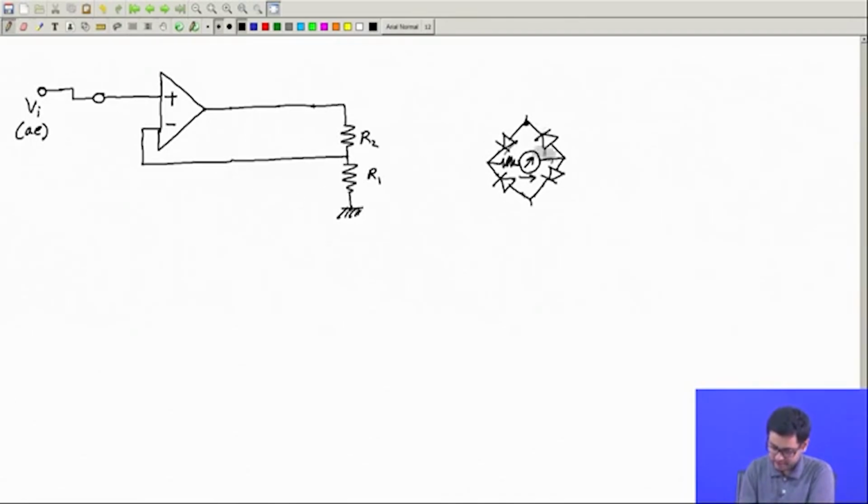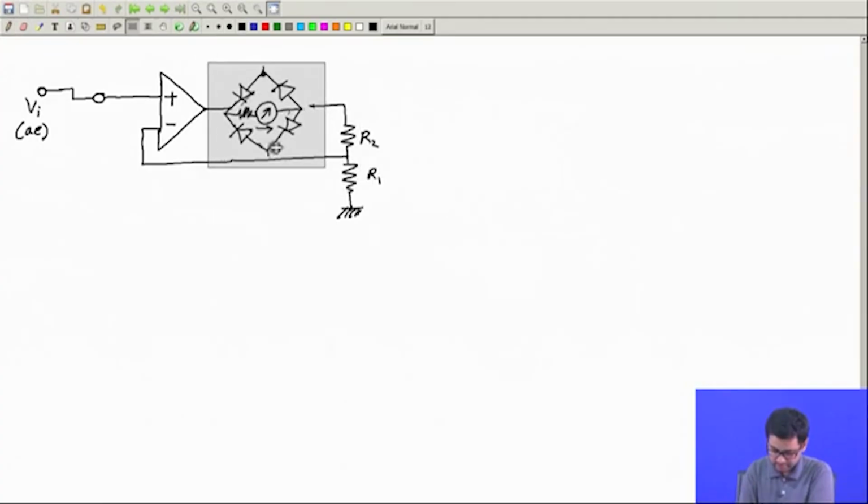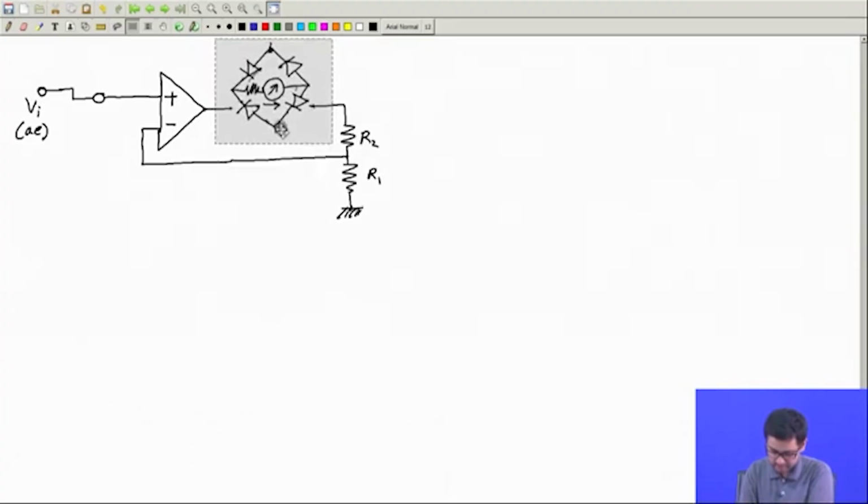Then I will put this actually here. So I open this part, I bring it here. And I wish I could rotate this, but I cannot, so I connect it like this.